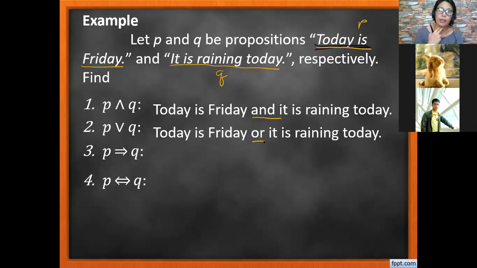In doing that, we will be working on mathematical statements for us to identify its truth value. Kasi with that one, we cannot tell, no? Otherwise, it will be added in the given that today is really Friday and it's a true statement. Parang ganon, no? Our main concern is how we construct compound propositions using connectives. Okay?